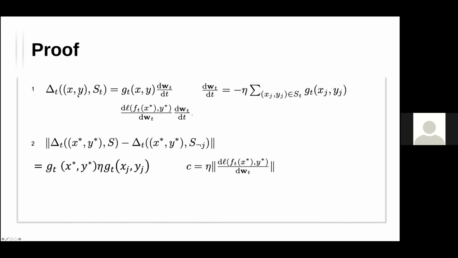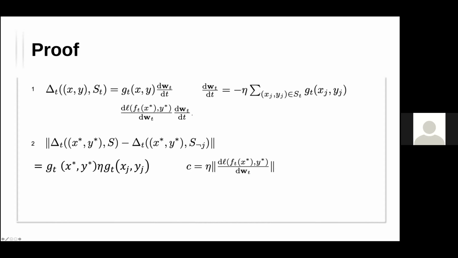When we calculate the network output given sample x and y with respect to time t, it can be expanded by the chain rule, and then dWt over dt is the update gradient, so it is equal to minus the learning rate times the gradient update. I'm sorry, how do we interpret dWt over dt?